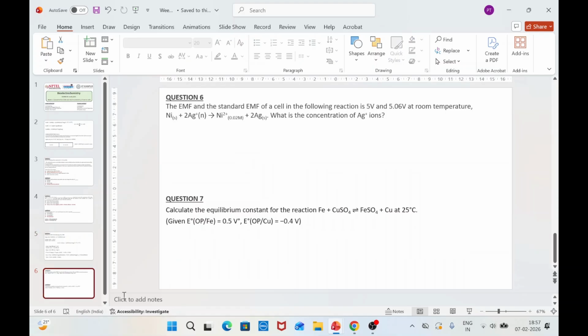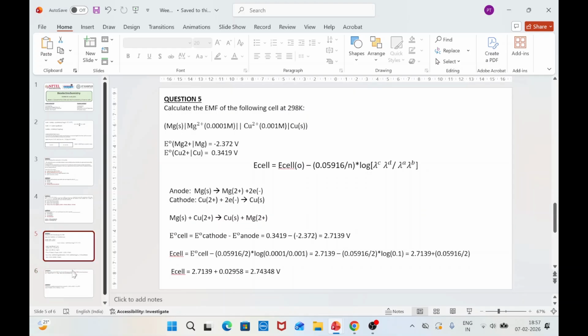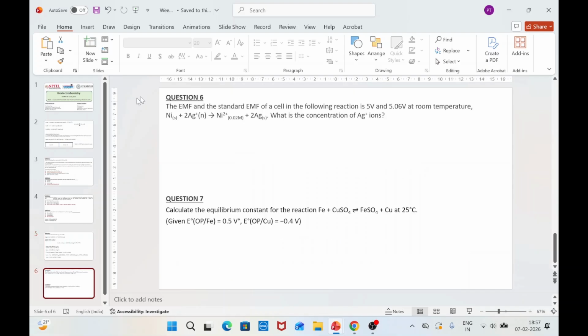The next two questions are the same, using the Nernst equation, but in a kind of different form. If you have any doubts related to question 5, please let me know. For those who don't have any doubts, try solving questions 6 and 7.